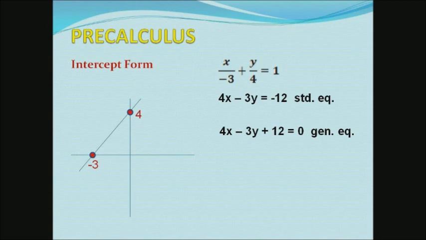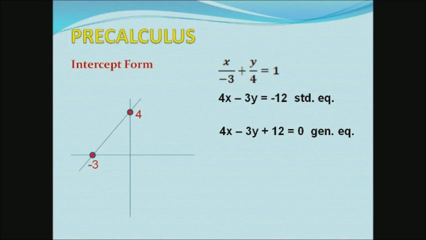And so by doing that, we will now have 4x minus 3y equals -12. So as you can see, the denominators are gone. Because we multiplied both sides of the equation, the left and right, or we multiply each term of the entire equation by -12, which is the product of -3 and 4.